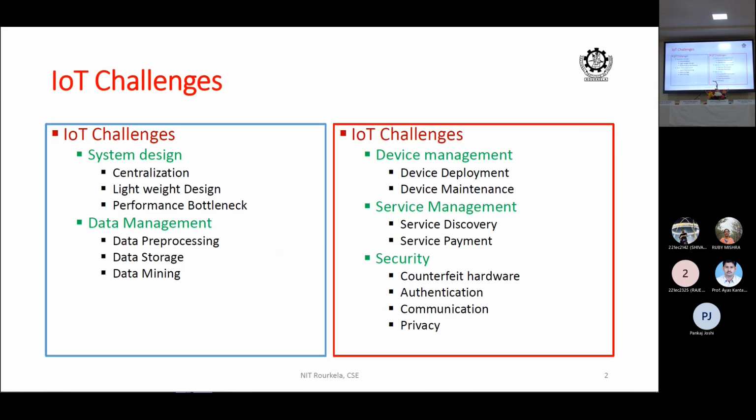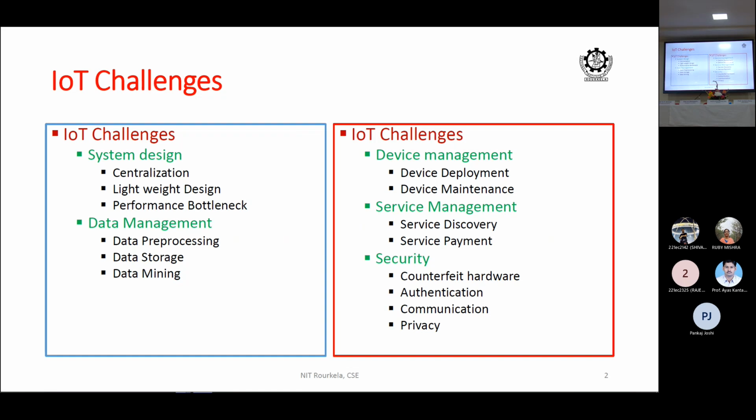So let's look at the challenges. The challenges that the IoT infrastructure is facing can be broadly classified into five different domains. One is the system design, then the management domain, whether it's data management, device management, or service management, and the last one is security. I will talk on each of these.